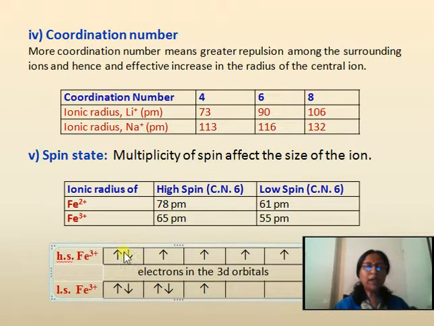From the electronic arrangement also, you can say why the value is higher in case of high spin state. It is occupying more space than in case of low spin state, and that's why the ionic radii value is more in case of high spin state.